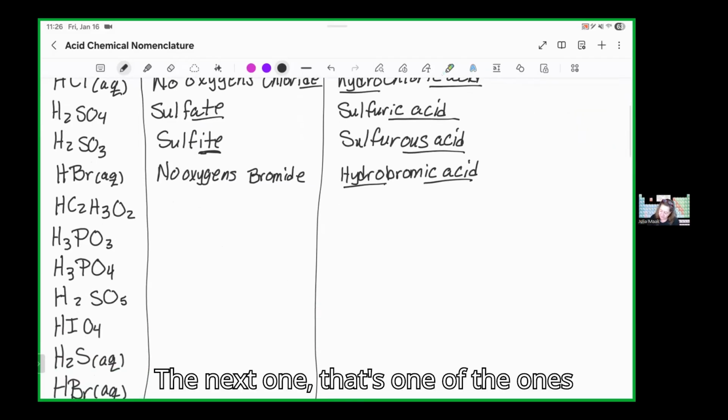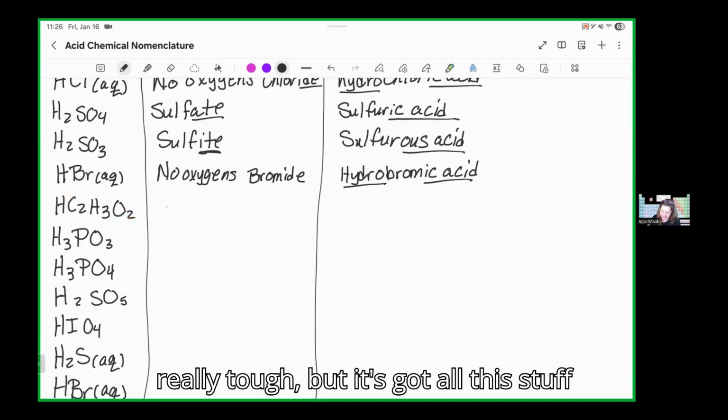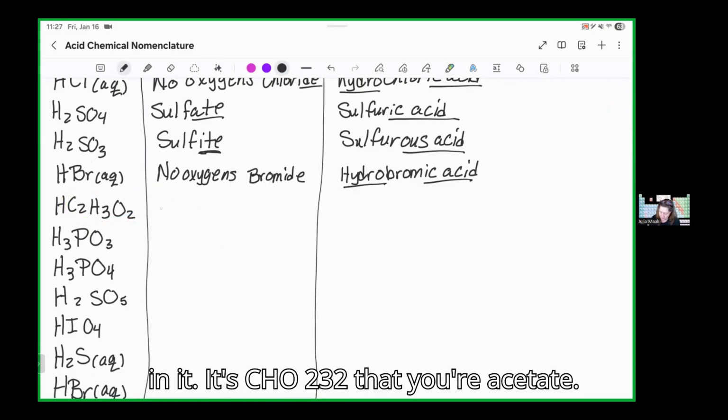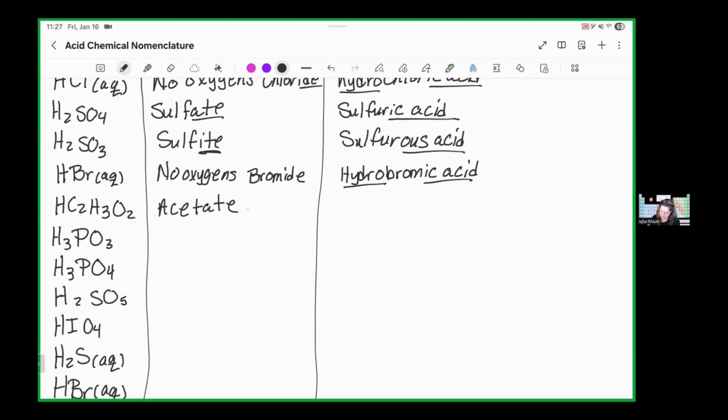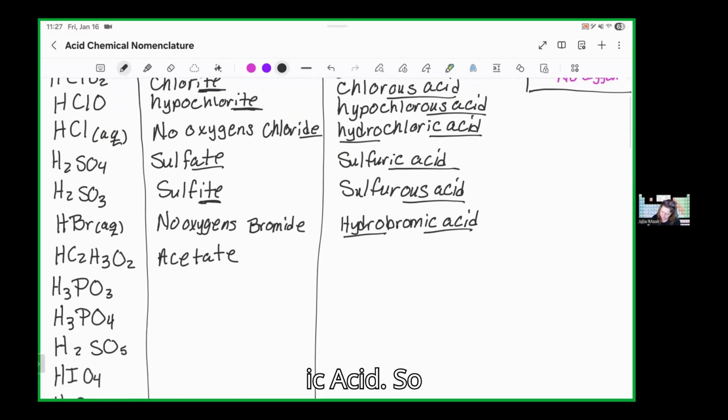The next one, that's one of the ones that we think is going to be really, really tough, but it's got all this stuff in it. It's C2H3O2 minus. That's your acetate. Our rule is ate goes to ic acid. So our ate goes to ic acid. That's acetic acid.